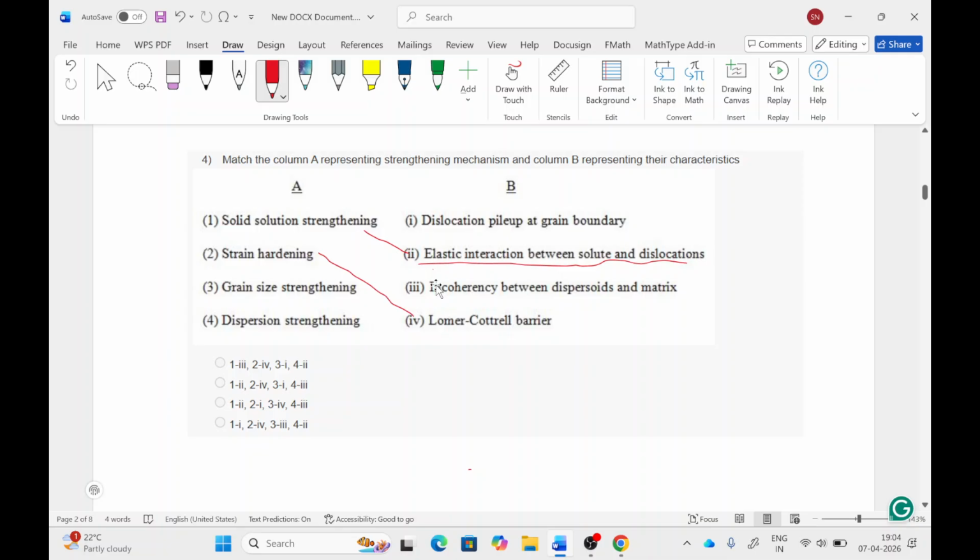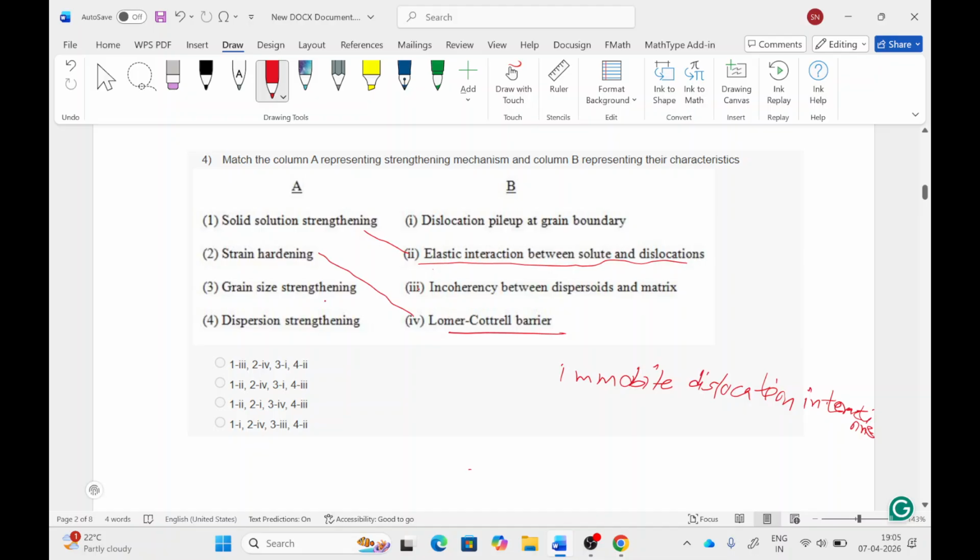So if the jog and kink are of edge and screw character, and if they cannot move on their slip plane, because they get immobile at that position, that is known as the Lomer barrier. Immobile dislocation interactions.